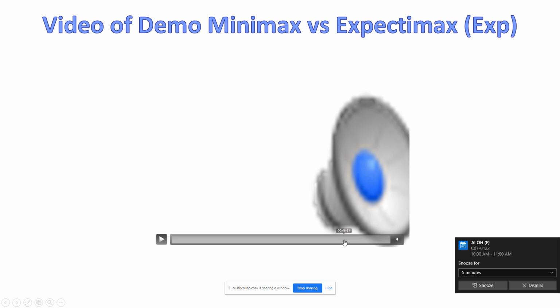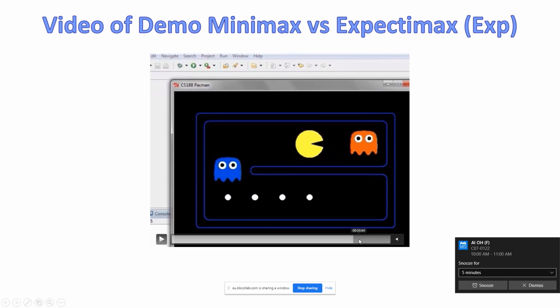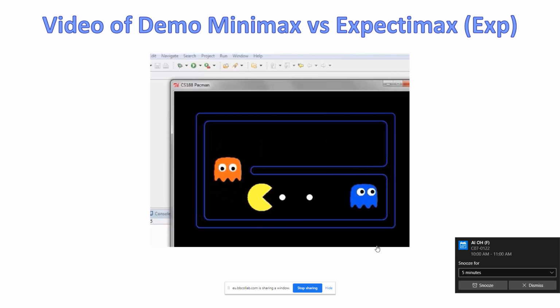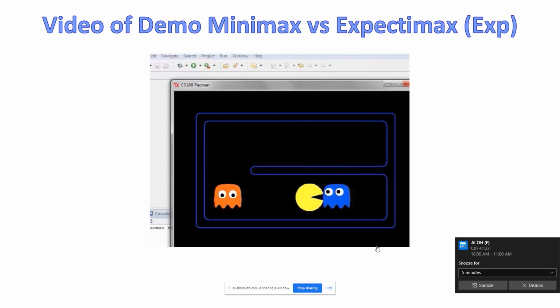Now, if we play the game again, that might change. Let's see what will happen. I think that's the second one, I hope. Yes, in the second case, the ghost was naive and moved far from Pacman. So that's the kind of randomness we are talking about. It might happen to be the best case.